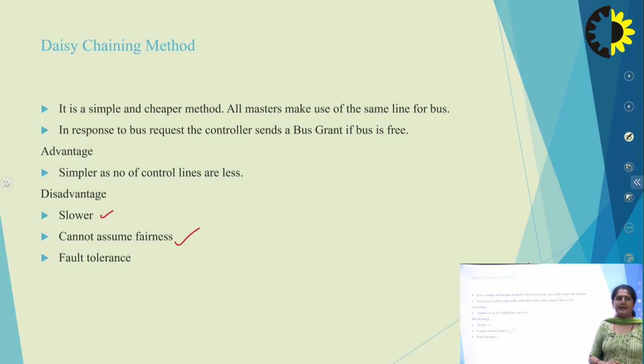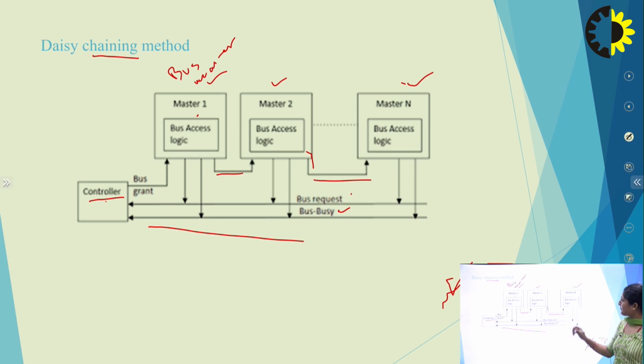It cannot assure fairness and fault tolerance. What do we mean by that? If device 2 has very important, high-priority work but is in second position, while device 1 has less important work, the grant will still be given to master 1 first. Device 2 has to wait for its chance.